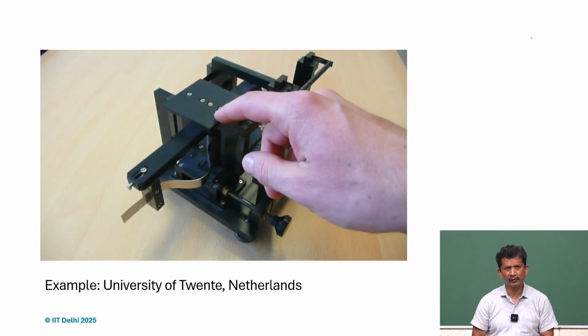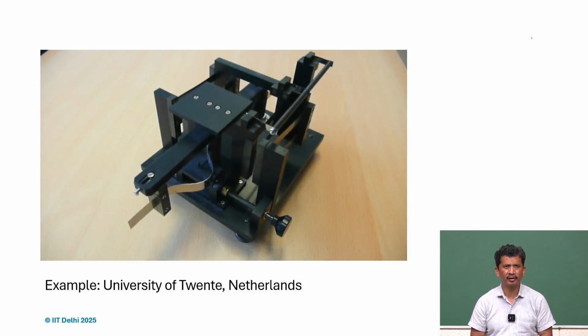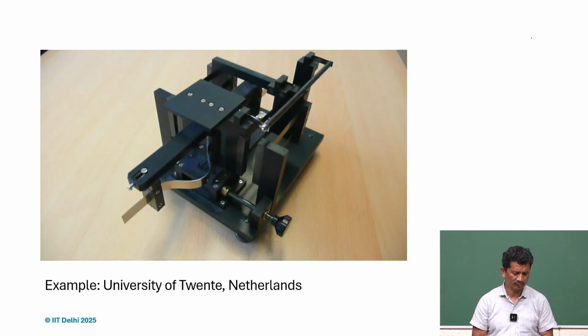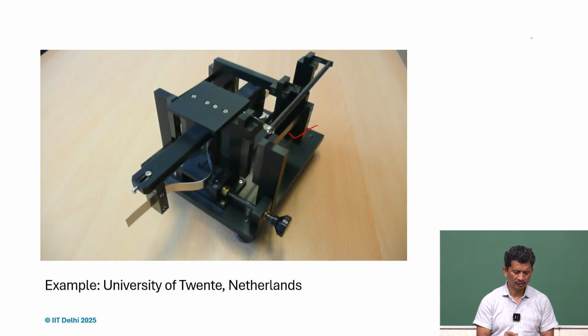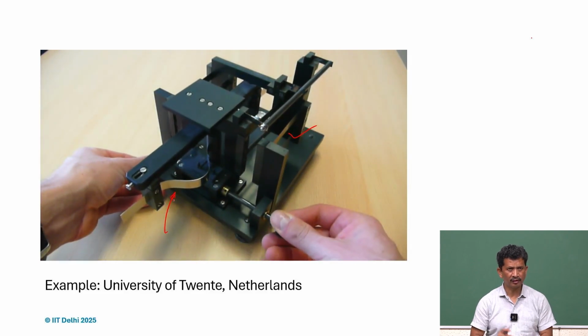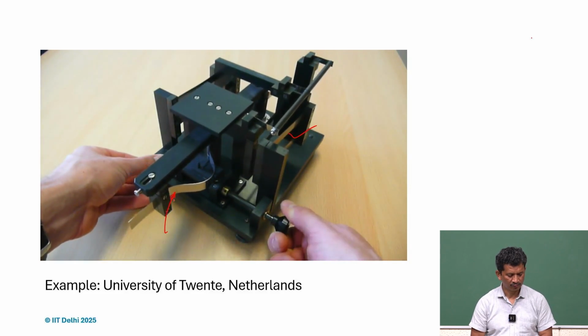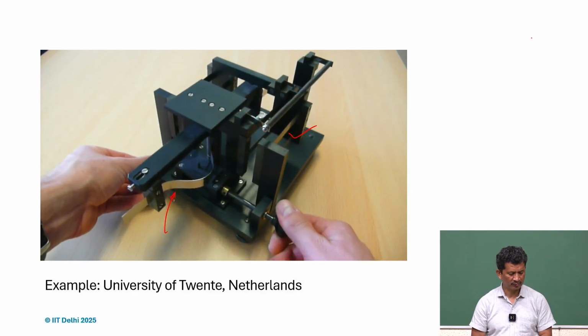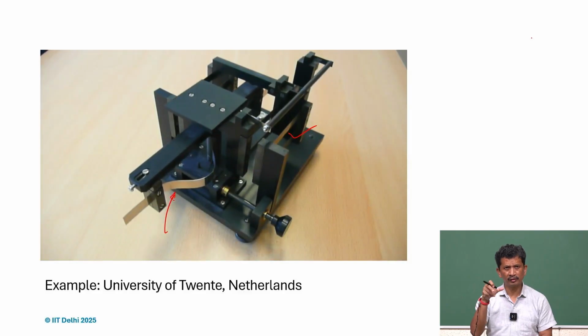Here is a very good example from the University of Twente. It's a very nice demonstrator. You can see sheet flexures, which are already buckled, so pre-stressed, and from here you are controlling the center part.